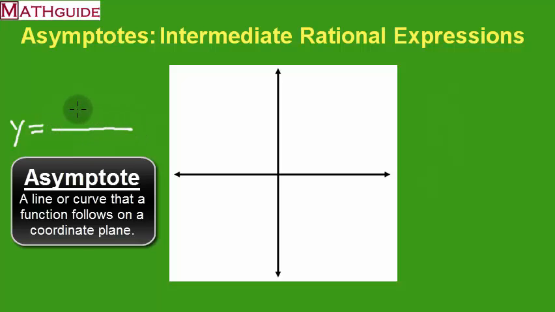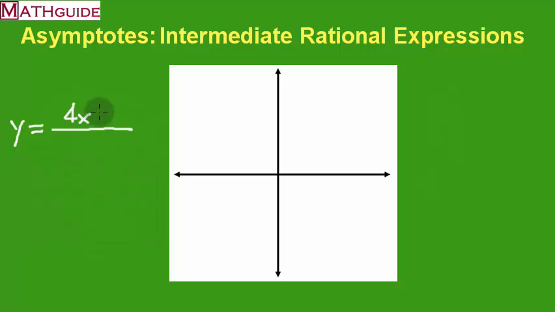So here is a complex fraction, and I'm going to put here 4x plus 8, and the denominator we're going to have x squared minus 9. Okay, so if we are going to deal with this problem, we first have to factor it, and you'll notice here that there is something in common with those two terms, and I'm going to take it out, and you can see it's a 4.